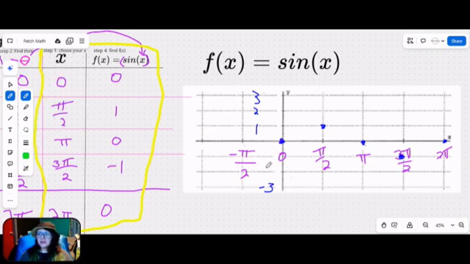Now this is a solid line, and the reason you're seeing me sketch it this way is because the graphs are weird on these. So this would normally be a dot.